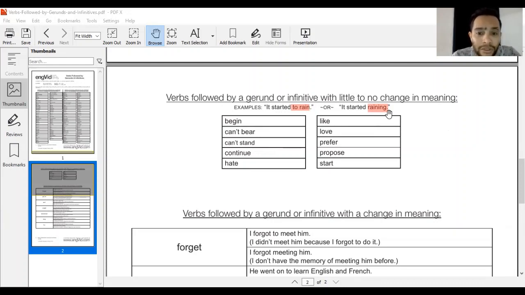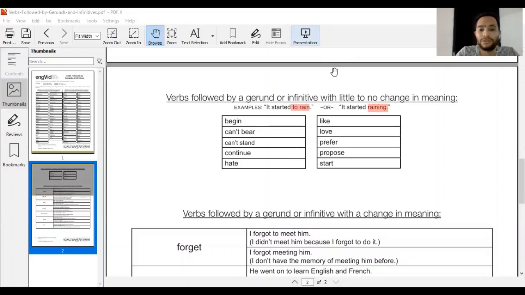The meaning is not going to change at all, right? Not at all. So we normally use verbs like love, prefer, like. Well, all of these verbs are going to be like this.